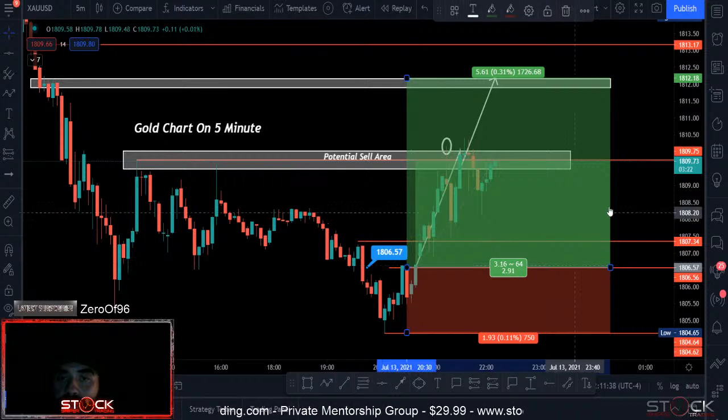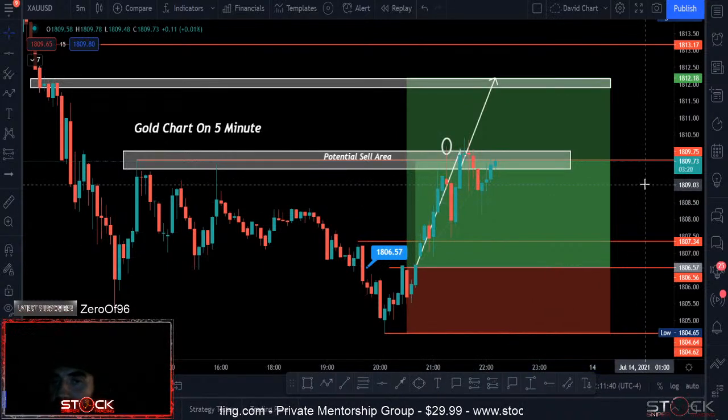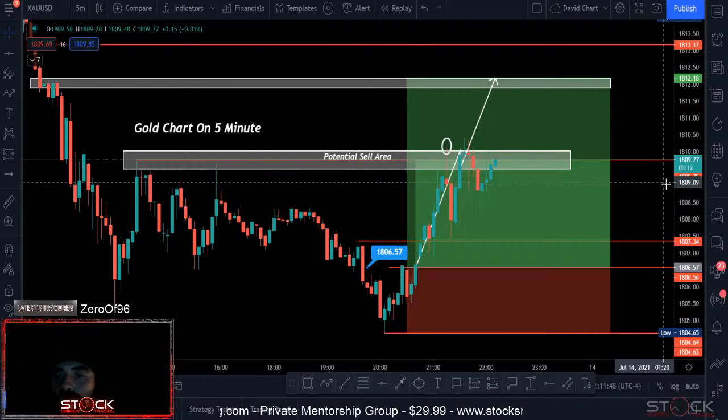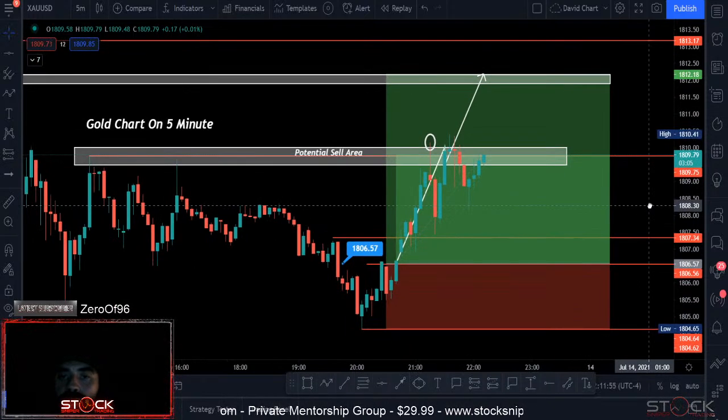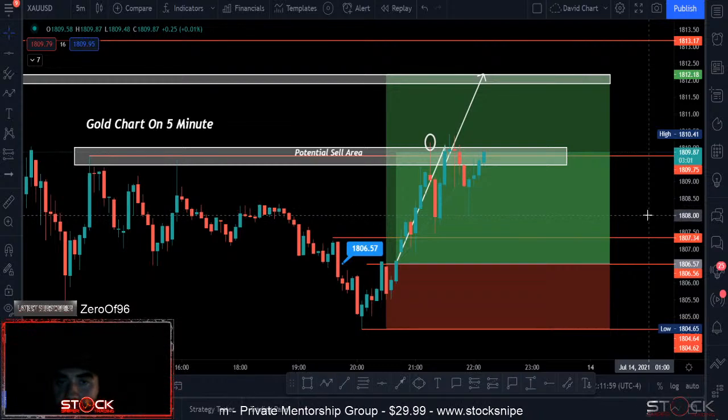Okay, so gold is starting to make some bullish push here. Let's see what's going to happen. Okay, they're starting to break through. It's looking good, looking real good. Okay.